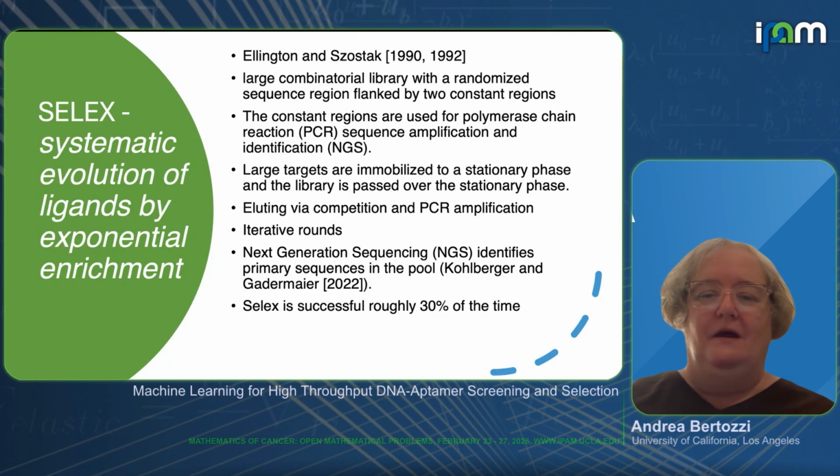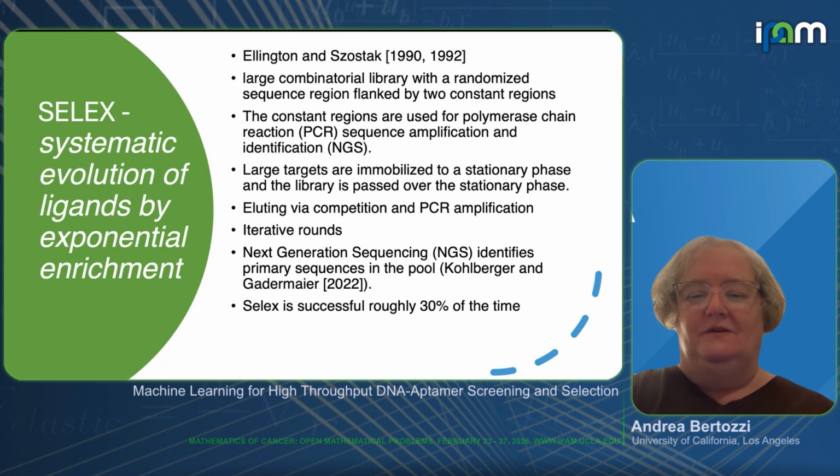And also for next generation sequencing, which has been a big change in the way SELEX is done since about 2022. Having next generation sequencing has kind of catapulted SELEX back into the forefront because it greatly increases the chance of success. Even so, with the current methods without machine learning, SELEX is successful roughly 30% of the time.